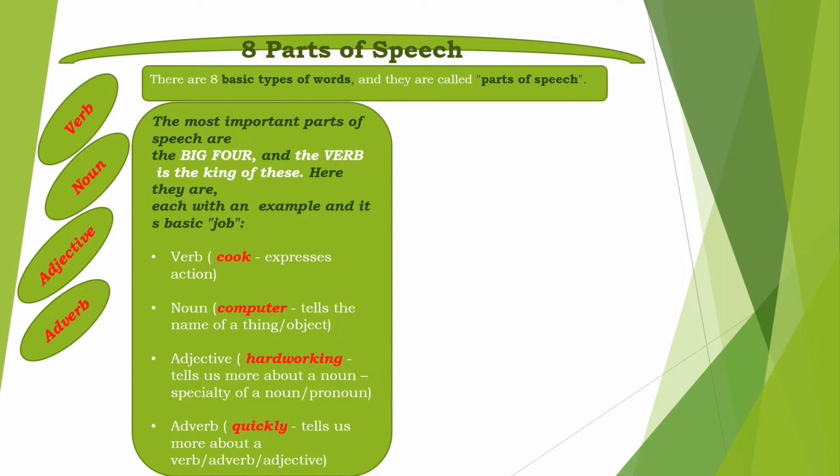It is not telling us that he is quick. It is telling us about his verb, his action, his running, that he ran quickly. The way of his running was quick. So quickly is an adverb telling us about the speciality of the verb ran.